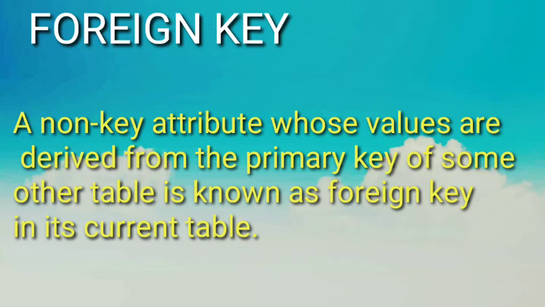It is a non-key attribute or a group of non-key attributes whose value is derived from the other table where the primary key is defined. So suppose there is a table containing a primary key field, and there is another table containing the same field. That will be the foreign key of that particular table.